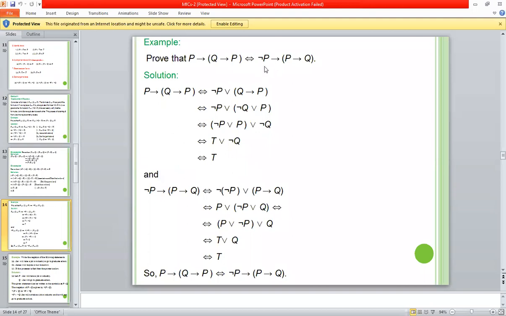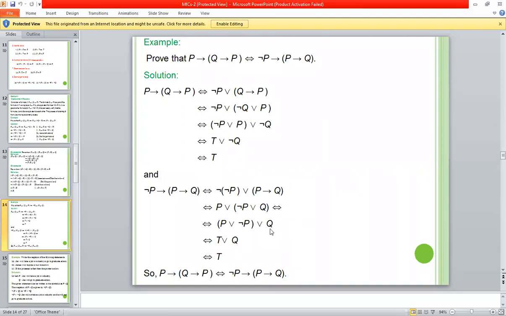And now the RHS of the given statement, negation P implication Q. Here also this is of the form P implication Q. In place of P we have negation P, so negation of negation P, or in place of Q we have P implication Q. Negation of negation P is equivalent to P, or P implication Q is equivalent to negation P or Q. So by the associative law, this can be written as P or negation P or Q. P or negation P is equivalent to true by the negation law.